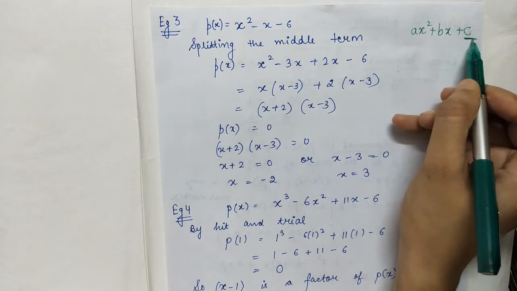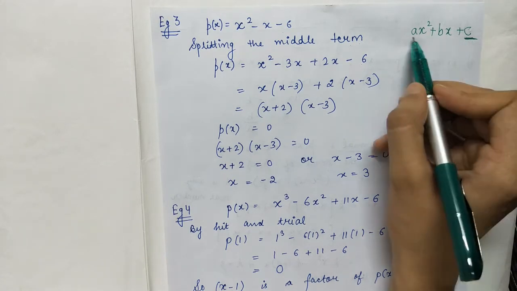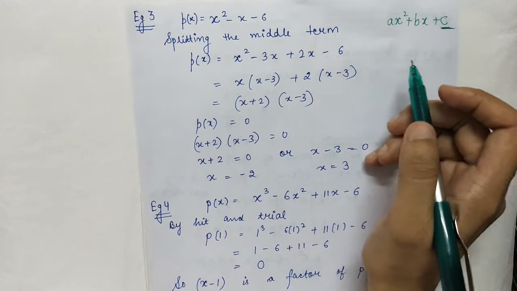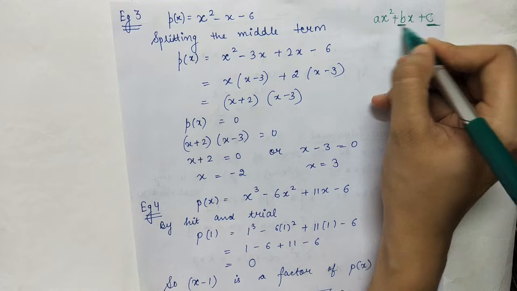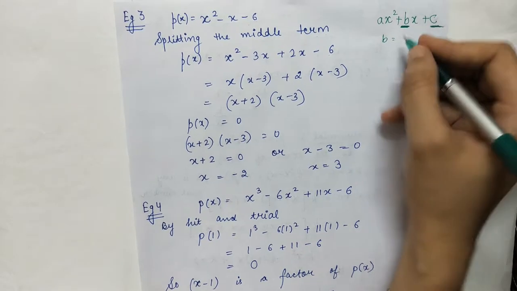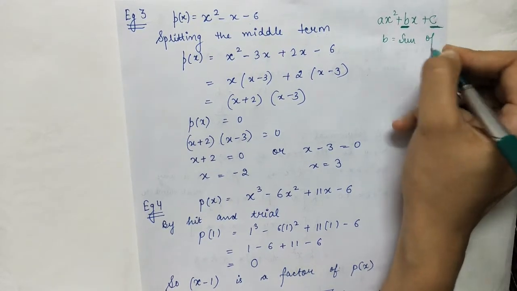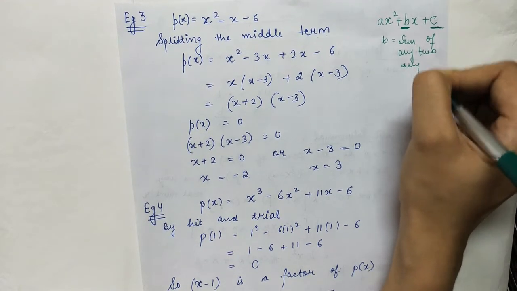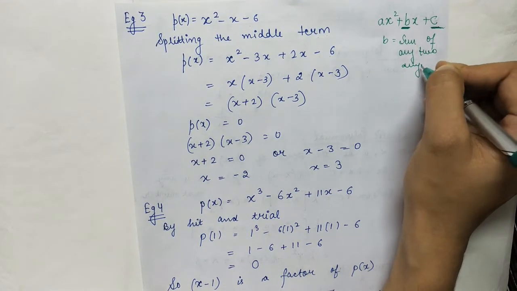This is a quadratic polynomial in general form, ax square plus bx plus c. In the splitting the middle term, what we do is we write b as a sum of any two numbers.